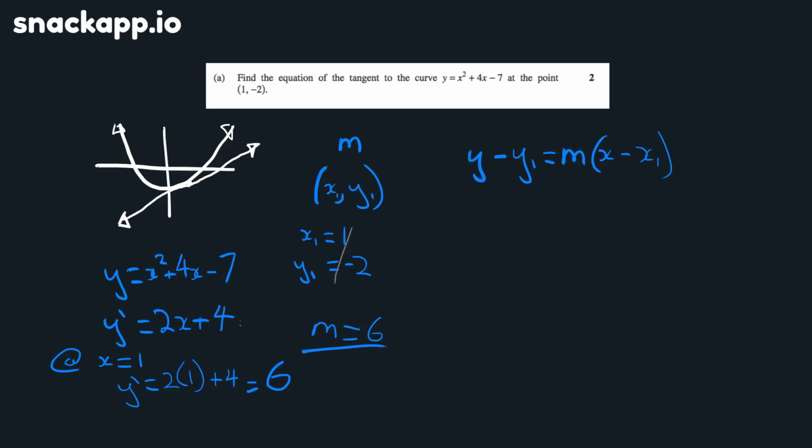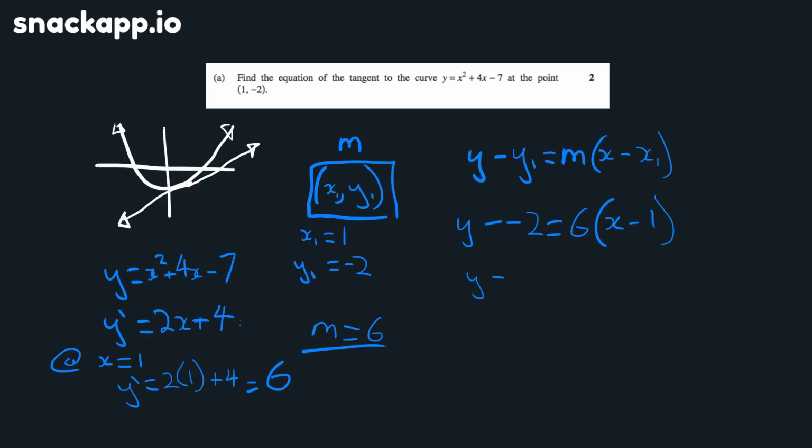So we've got this gradient, and then we've also got this point x1, y1, which is just 1, -2. So then we use our point gradient formula over here, y minus y1, which is -2. So we get this double negative. Our gradient 6, x1 is just 1. And then we're just going to clean it up a little. So negative negative is the same as a positive.